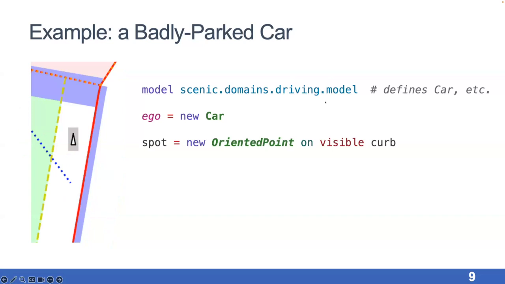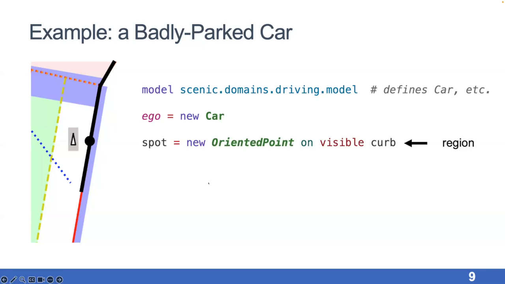This driving library defines a region called curb, which represents all the points on all the curbs in the whole road network. And we want to pick the part of the curb which is actually visible from the ego. So here was that part of the view cone. We want this part highlighted in black, the curb which can actually be seen by the ego. And then we want to pick a random point on that.